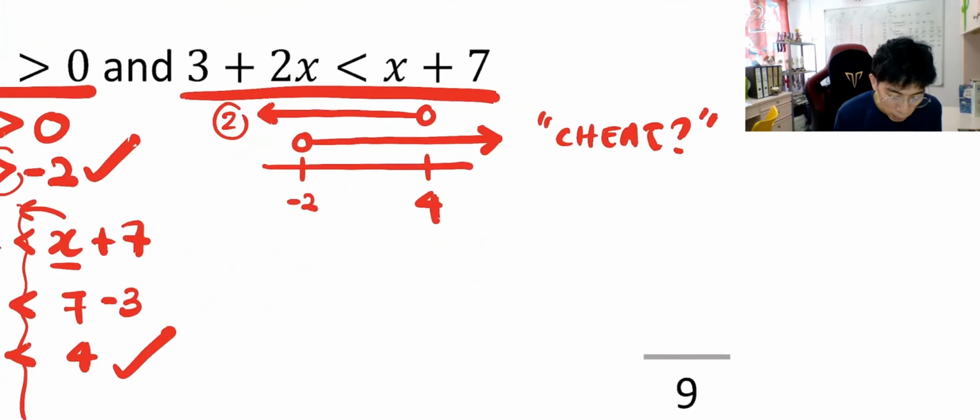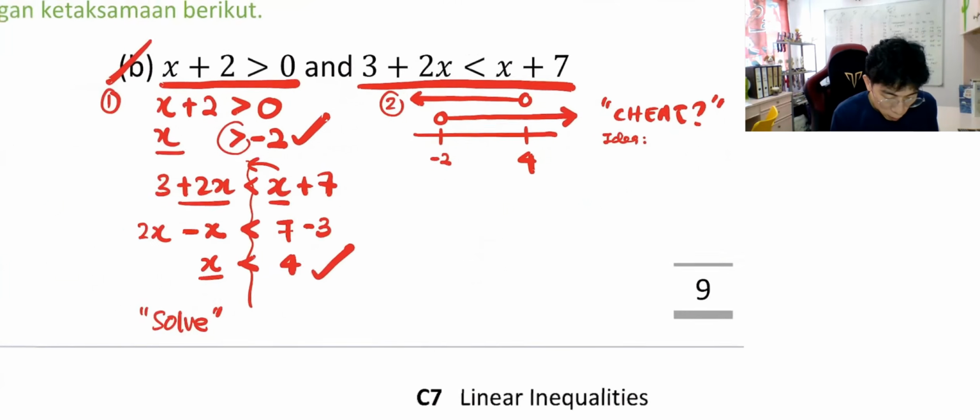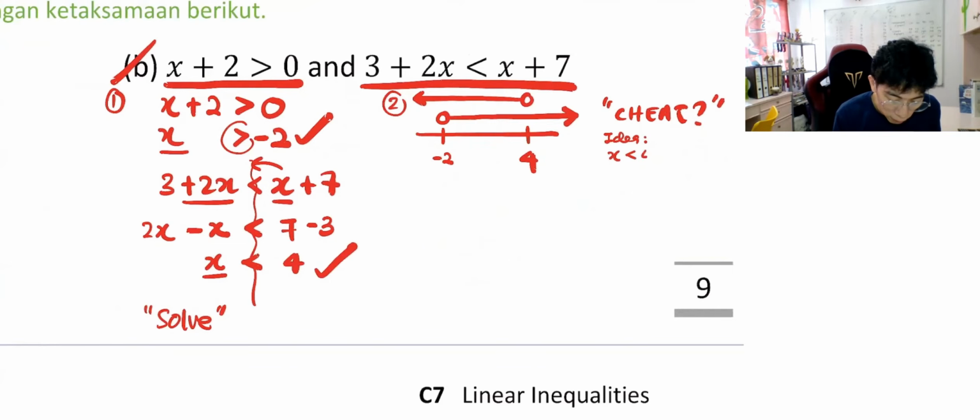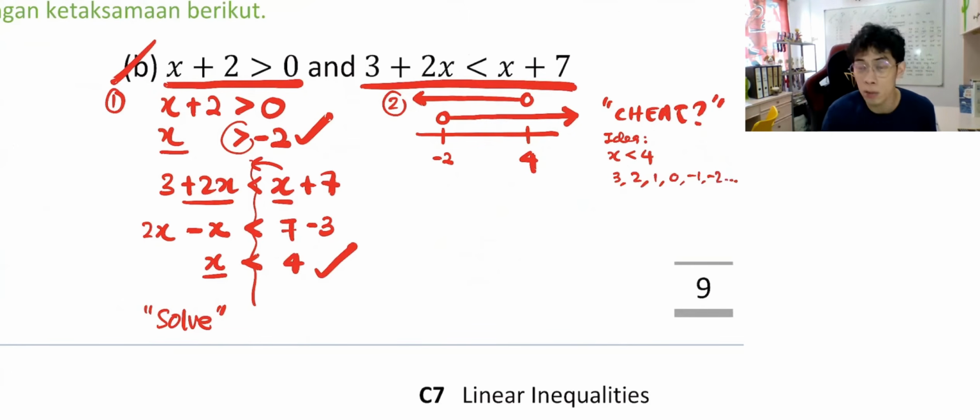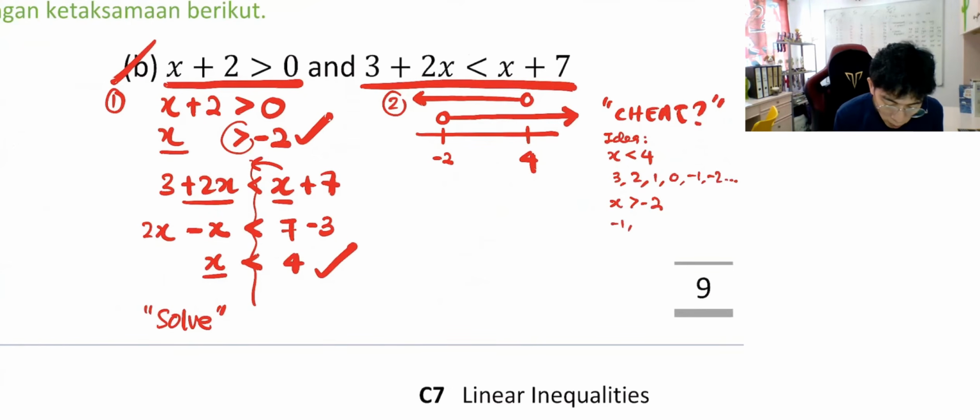This idea I just put by the side first. If x is less than 4, you have what? 3, 2, 1, 0, -1, -2, so many more, you cannot stop. X greater than -2, what do you have? You have -1, 0, 1, 2, 3, 4. This is what they mean by common value.